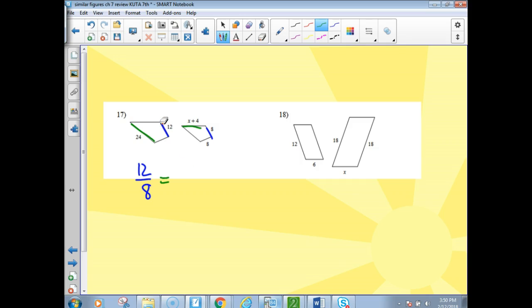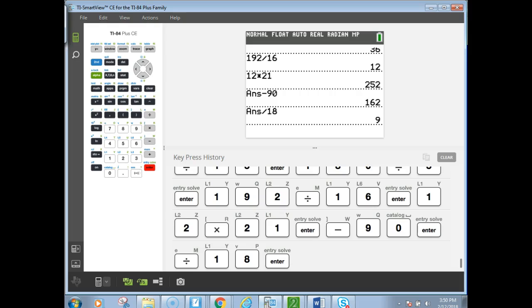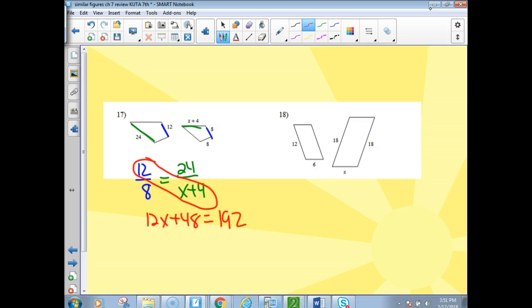So I started with the 12, then I have to start with the 24, and then an x plus 4 on the bottom. Cross products, 12 times x plus 48 equals 192. 8 times 24, we'll double check that. Yep, 192, and then we'll subtract 48 from both sides.